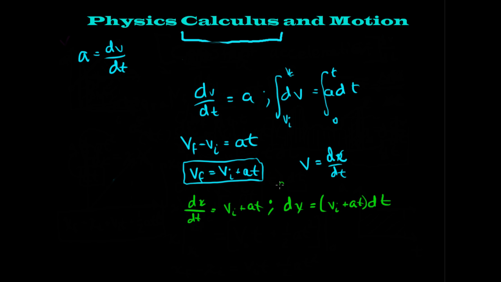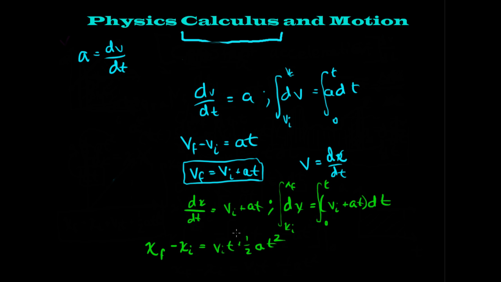Okay, integrate at x final, x initial, and here I'm going to integrate at 0 and t. This here is going to become x. I'm going to evaluate it at x final and x initial. So what I'm going to get for this one is x final minus x initial is equal to, now here it's the sum of two integrals. So here I'm going to get Vit and then 1/2 At squared. I'm not going to subtract anything from it because it's 0 here. So Vit plus 1/2 At squared.